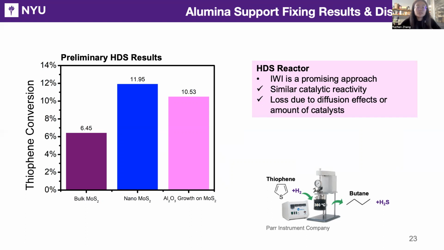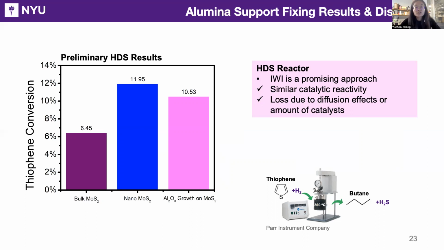Another reason might be due to the loss of some catalyst, because we did not know if it's actually 2% of catalyst inside the support. It is not a good comparison if we don't know what amount of catalyst we were using.